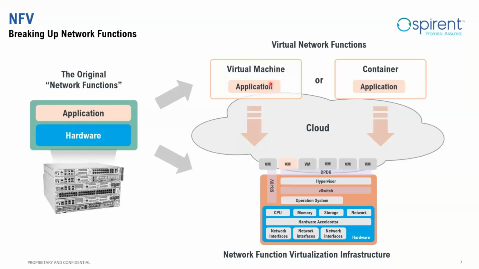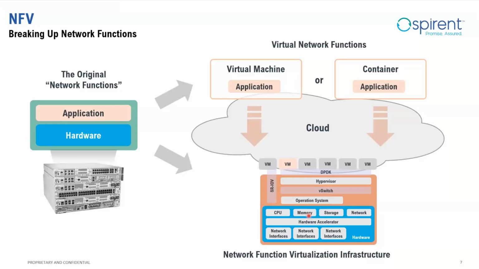They made it a VM, a virtualized application, which gets deployed on the COTS server, COTS, common off-the-shelf hardware. So it was a server, it can be from HP, it can be from Dell. These COTS servers are what you see in the data center.